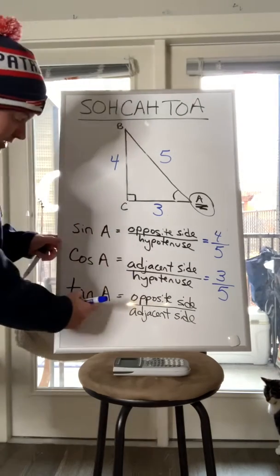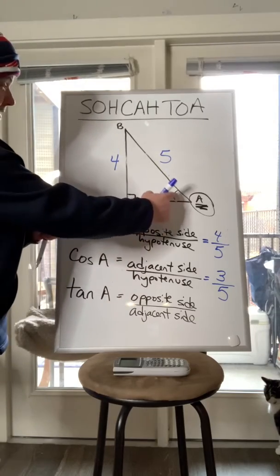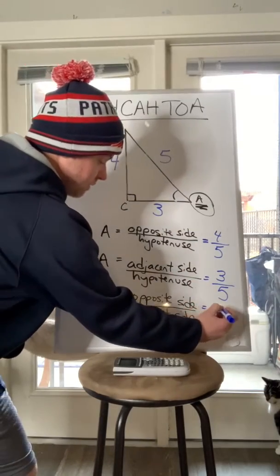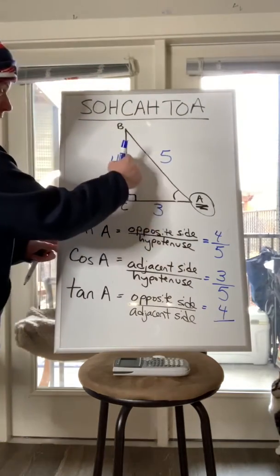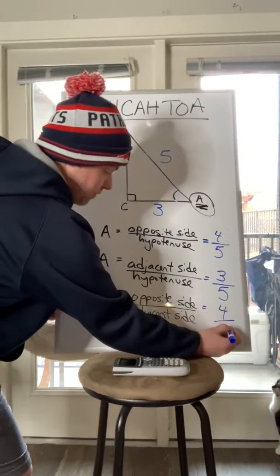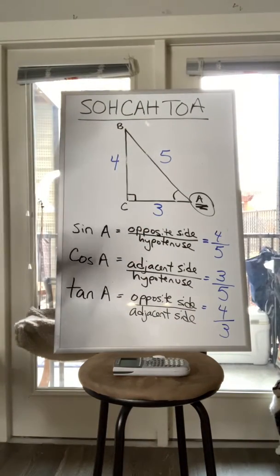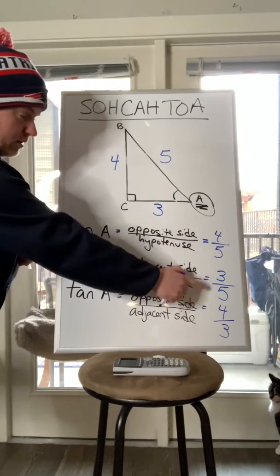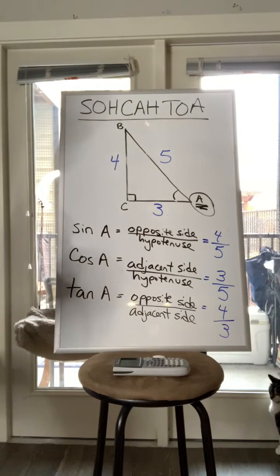And then lastly, the tangent of angle A would be the opposite side, 4, over the adjacent side, which is 3. So these are the 3 trig ratios for angle A in this triangle. So this is what we're going to be doing initially here, just writing the fraction. Just writing the fraction of each ratio for the triangle. And this is what your homework's going to be like.